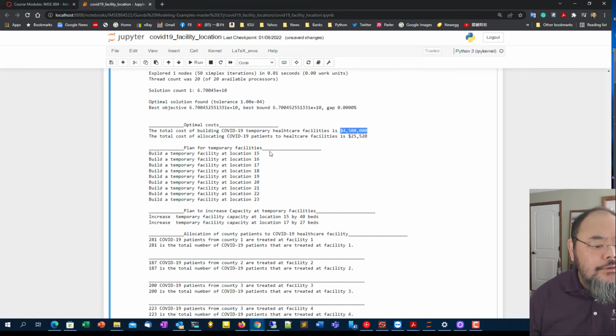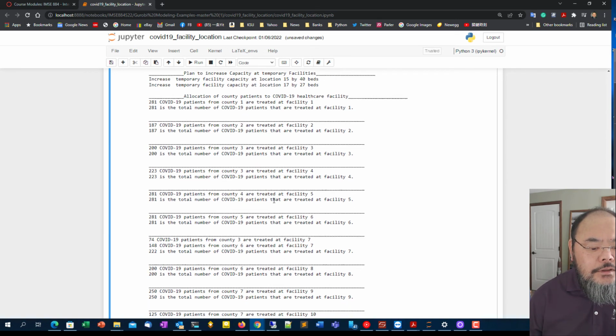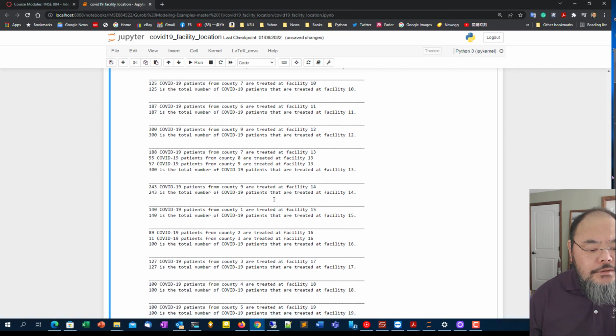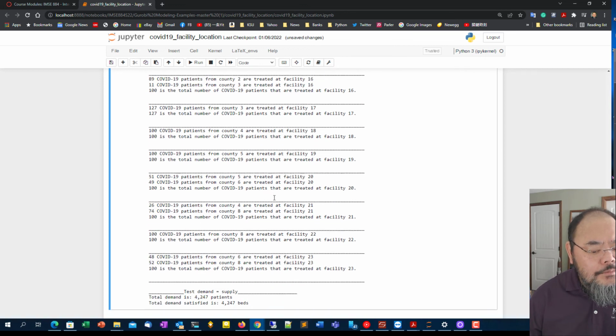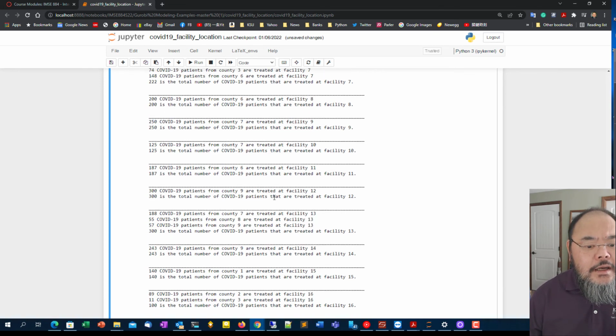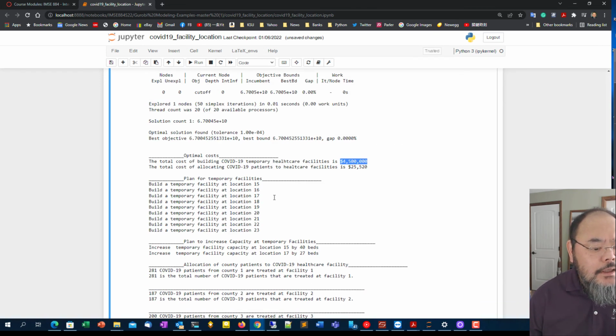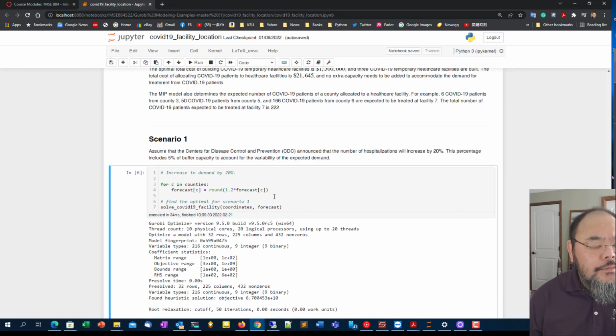We need to utilize all the temporary facilities available to handle the current situation. So this is basically what we have so far, if the forecast demand increases.